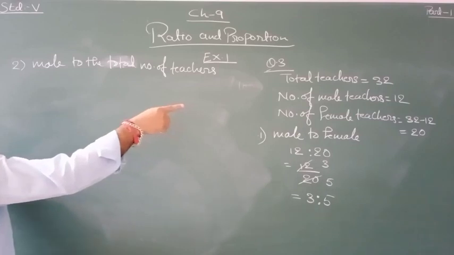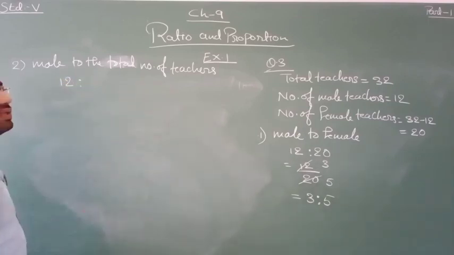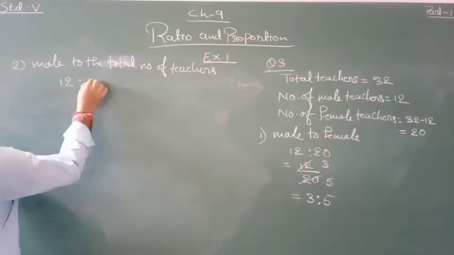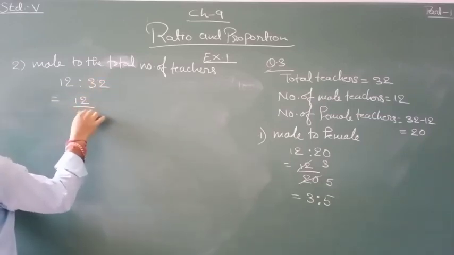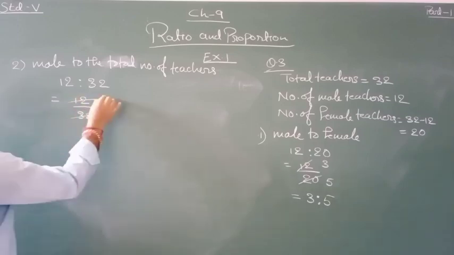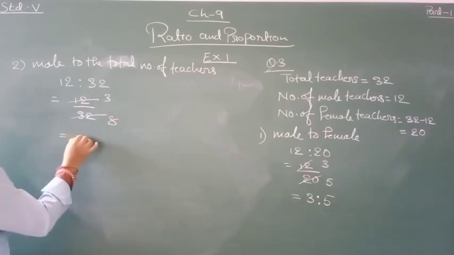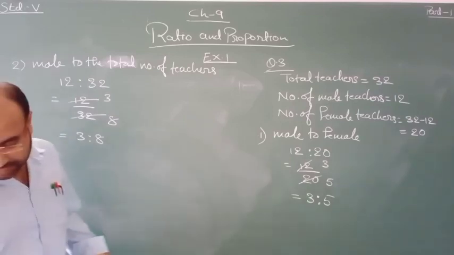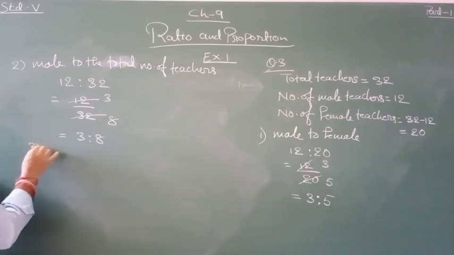Now male we are having how much? 12. So we will write 12 and total number of teachers we are having, that is 32. So equals to 12 upon 32. Again both are divisible by 4. So 4 3s are and 4 8s are. So the answer comes, that is 3:8.